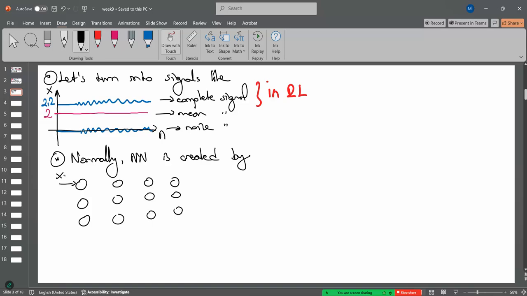For example, x1, x2 and x3 are inputs, and also x1 hat, x2 hat and x3 hat are to be generated here. This is linked with every neuron here, just like this one.